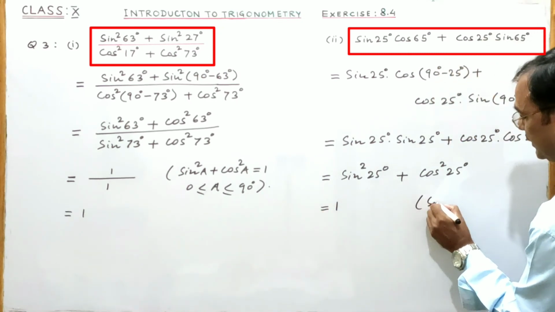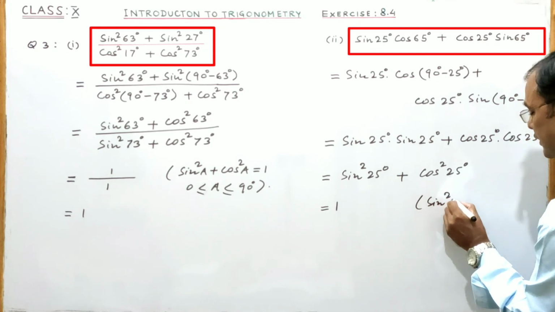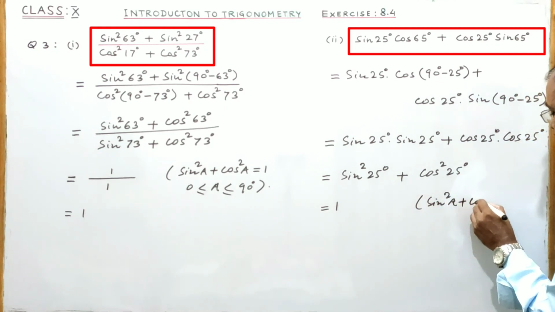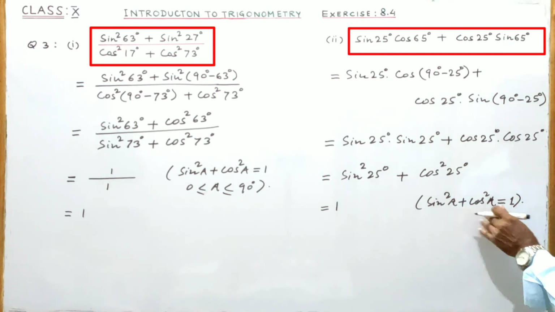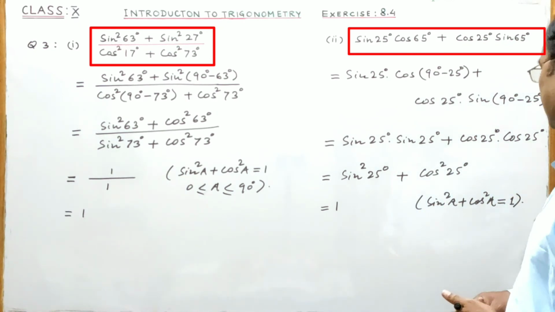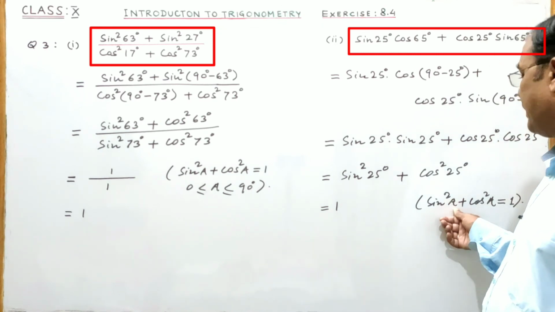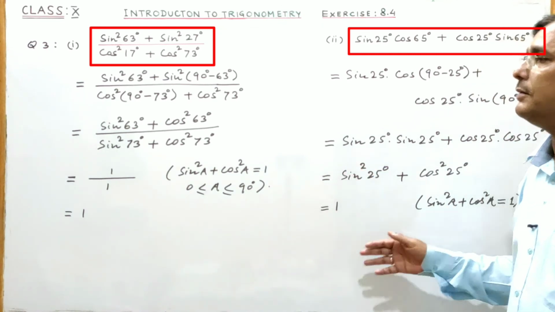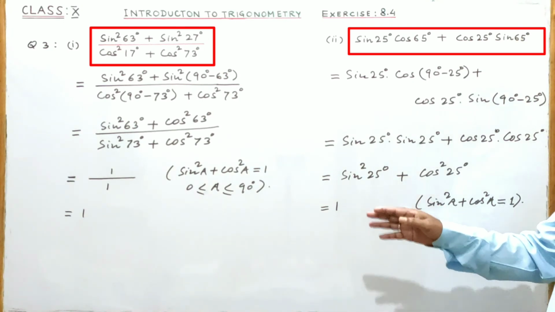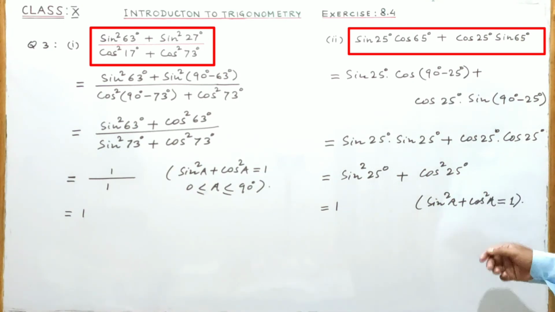You can write the reason: sine square A plus cos square A equal to 1. This is an identity true for all acute angles A from 0 degree to 90 degree, and this way question number 1, question number 3, both the parts are evaluated.